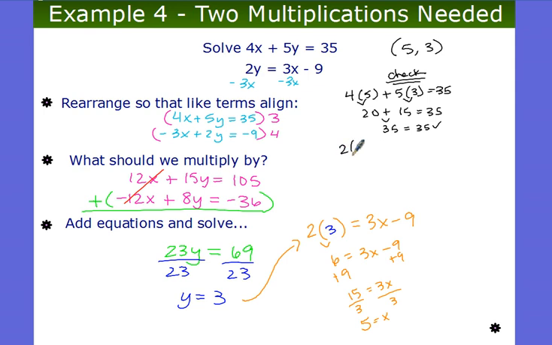My second equation is 2 times y, which was 3, equals 3 times x, which was 5, minus 9. We do my multiplication, 6 equals 15 minus 9, and then my subtraction, 6 is equal to 6. That is a true statement. Both of them are true statements, which means this ordered pair is the solution to the equation.